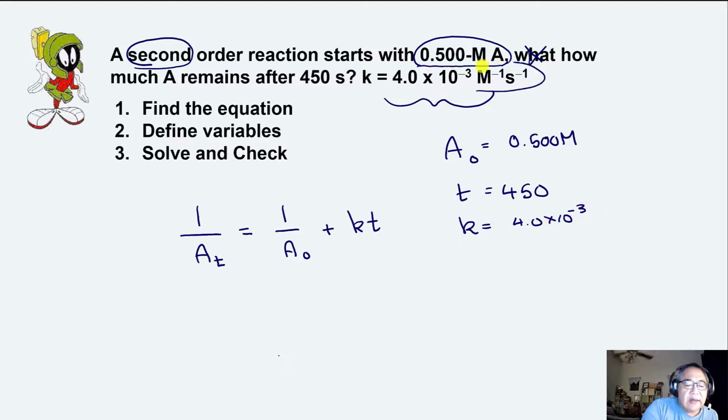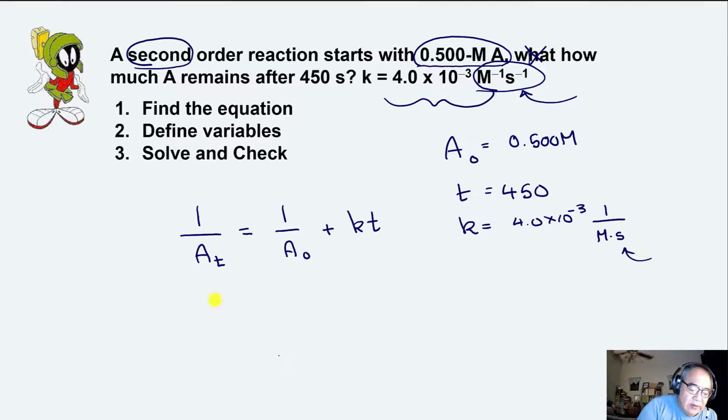The unit for a second order rate constant is 1 over molarity times second, or molarity to the minus 1, second to the minus 1. Typically, you'll see it written like this because this is harder to keep looking nice on paper.